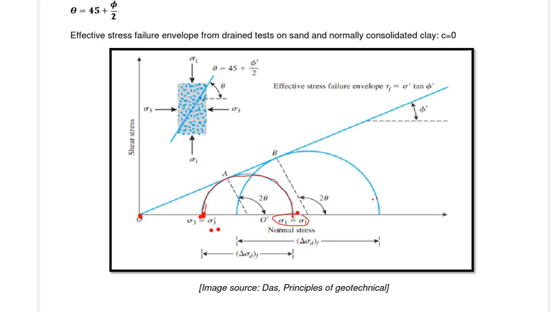Therefore, yung major principal stress natin at failure is also the effective stress. So, equal yung sigma 1 natin, that is the total stress natin, that is equal to the sigma 1 prime. Yung prime natin denotes na yung ating stress is in effective condition.